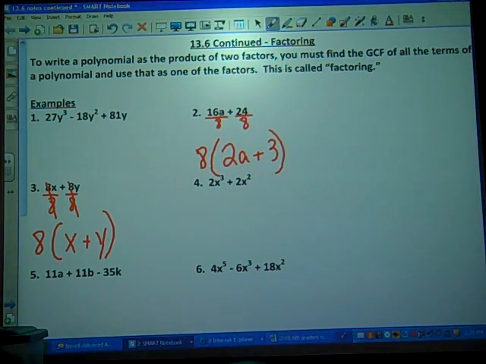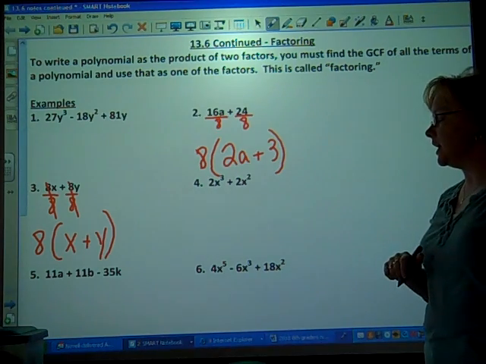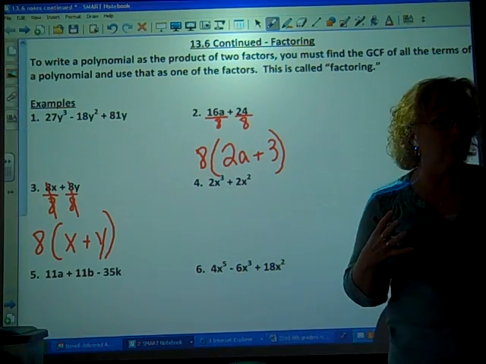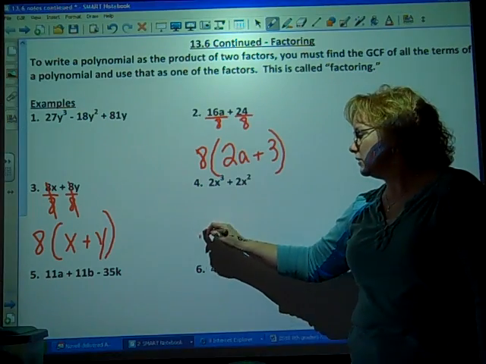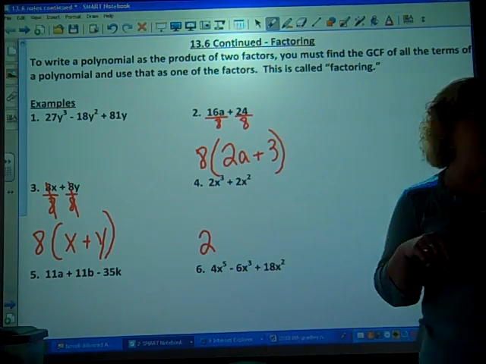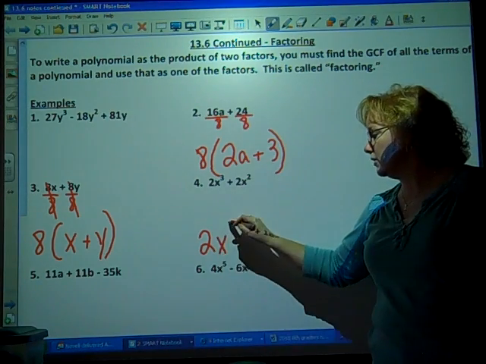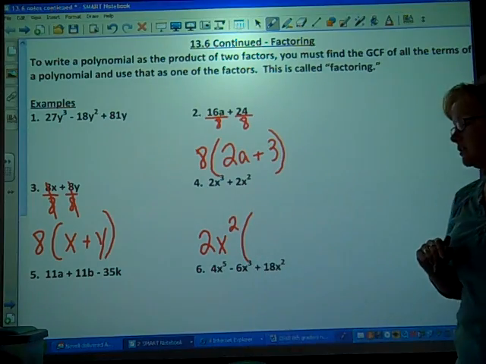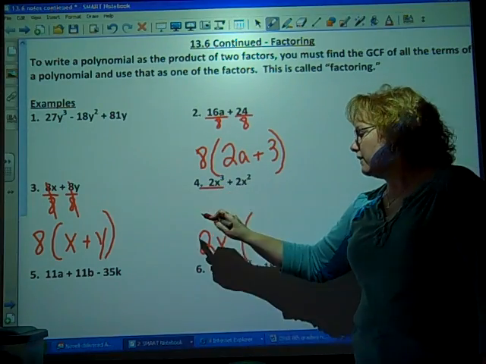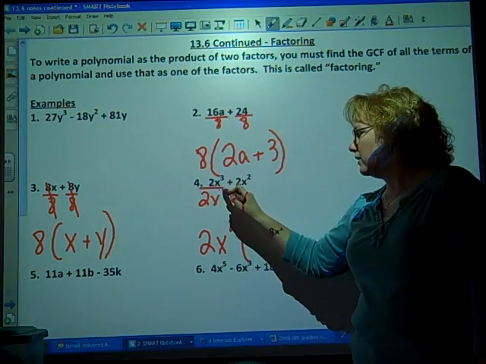Okay? Look at number 4. I have 2x to the third plus 2x to the second. So obviously with the 2s, my GCF is 2. And then x to the third and x to the second, what's the most amount of x's I could pull out of both terms? 2. So I'm pulling out 2x squared. That goes on the outside of my parentheses. That is what I'm dividing by.